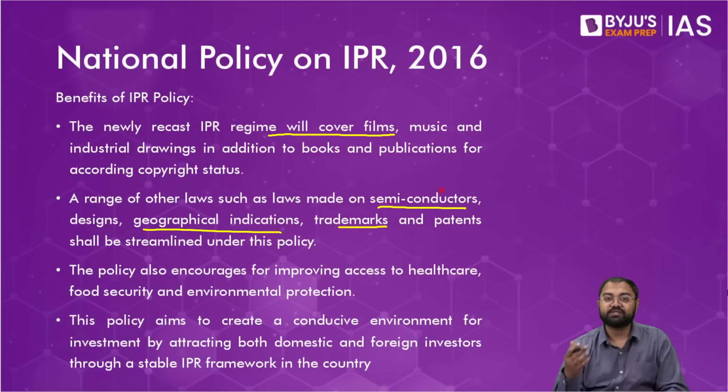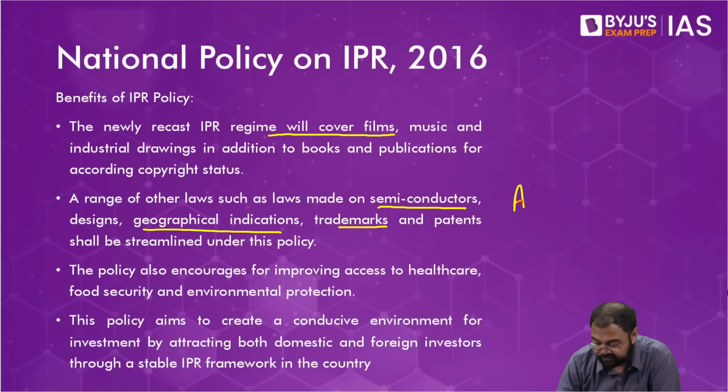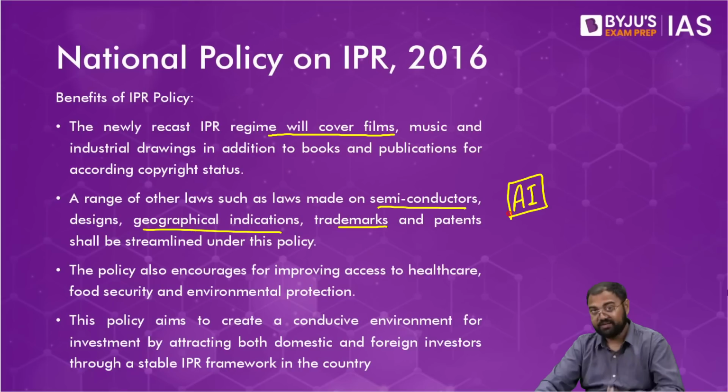And especially the newer things which are not part of the framework but are now entering it, we have to look after them as well. For example, right now, when we are looking at artificial intelligence, especially the content being created by artificial intelligence, how it has to be incorporated as a part of the policy.